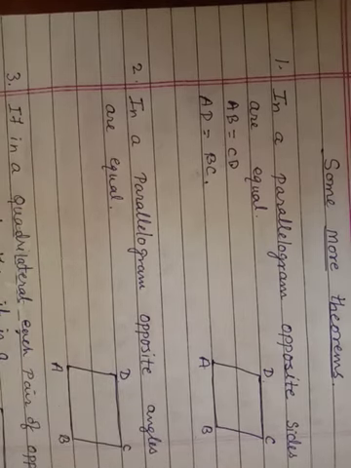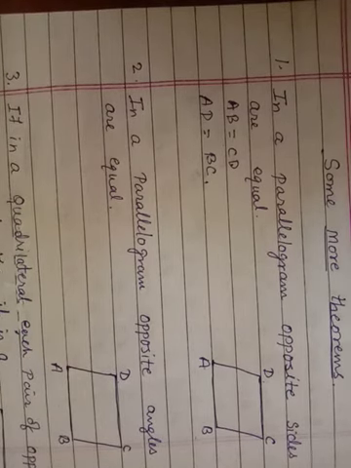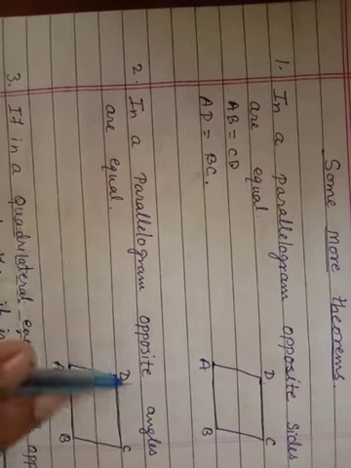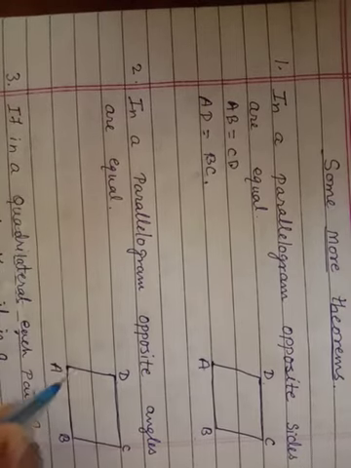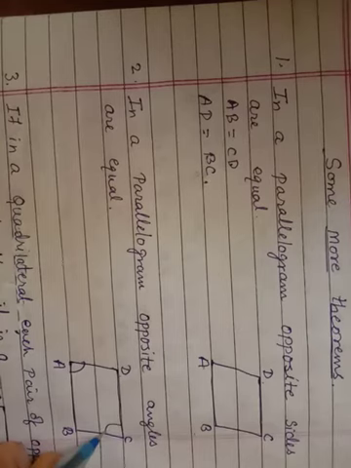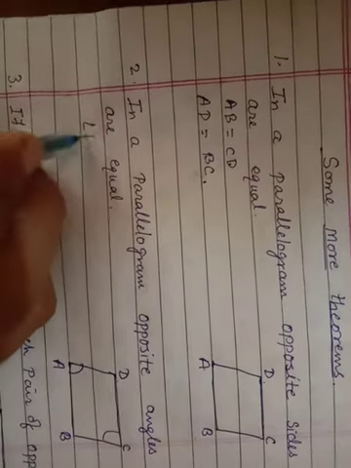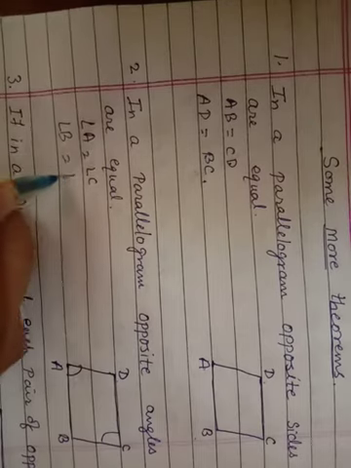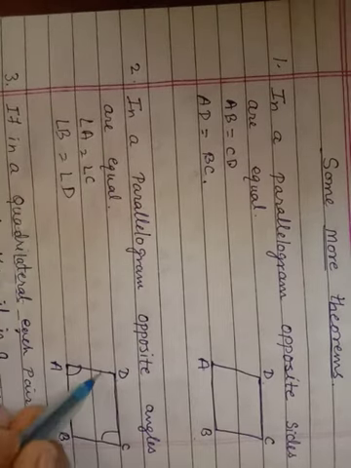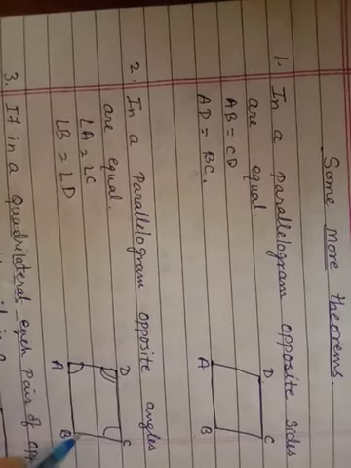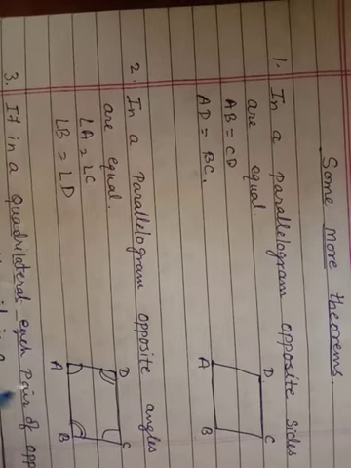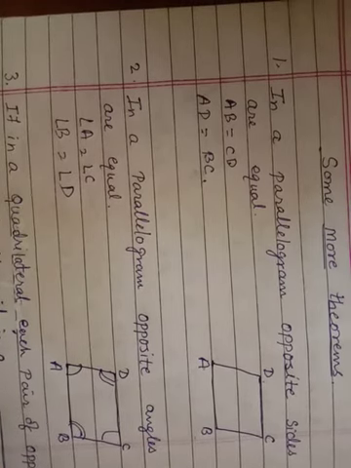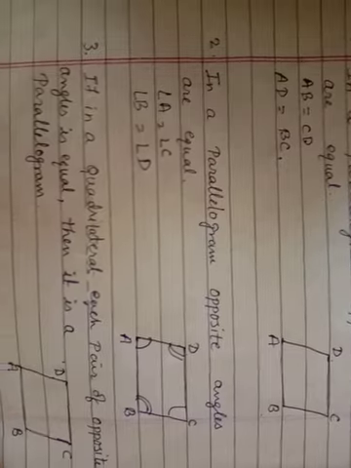In this, AB is equal to CD and AD is equal to BC. Second, in a parallelogram, opposite angles are equal. Means angle A is equal to angle C and angle B is equal to angle D.